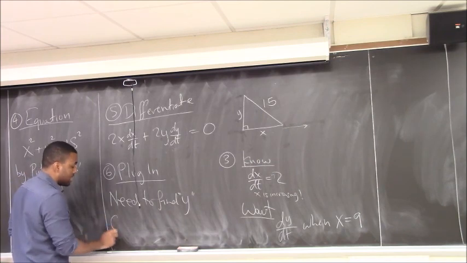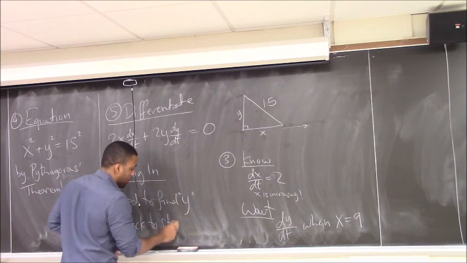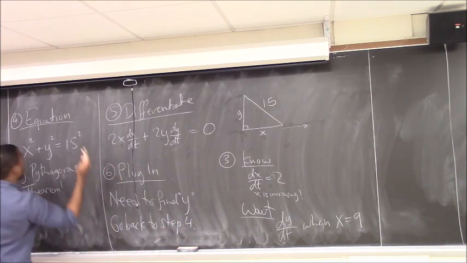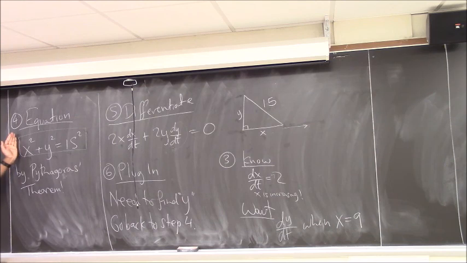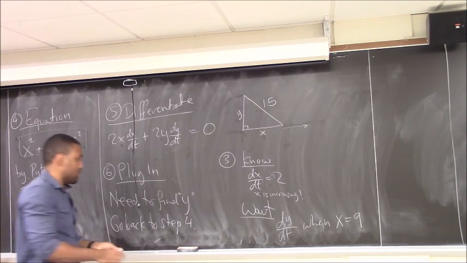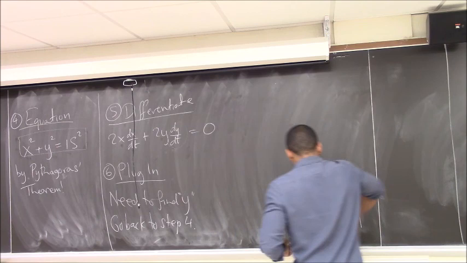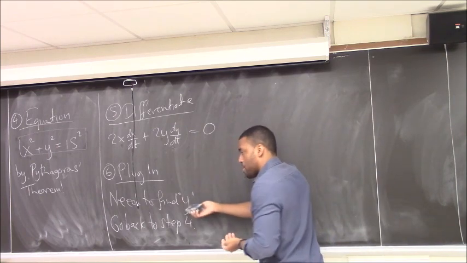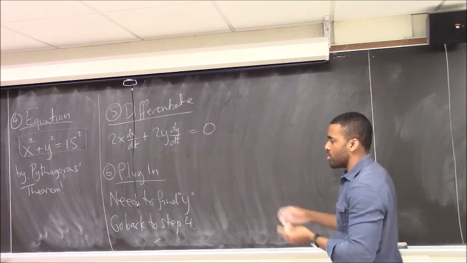And how you would do that is go back to step 4. In step 4, we have an equation that relates all our variables, which tells you what the variables are doing. So if I ever need to figure out what a variable is, I go back to the original equation that tells me what it does. You may or may not need this, but once you get to step 6, you'll realize what you need from what you don't.